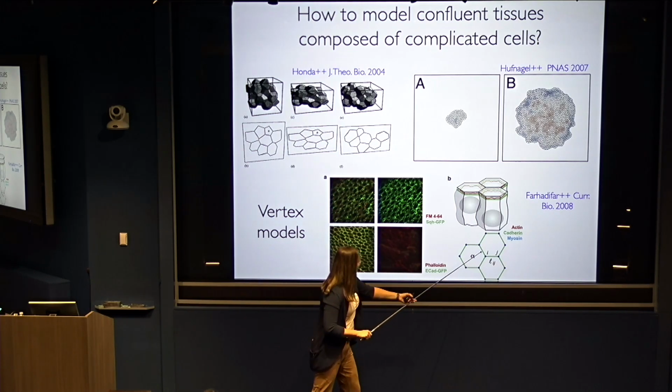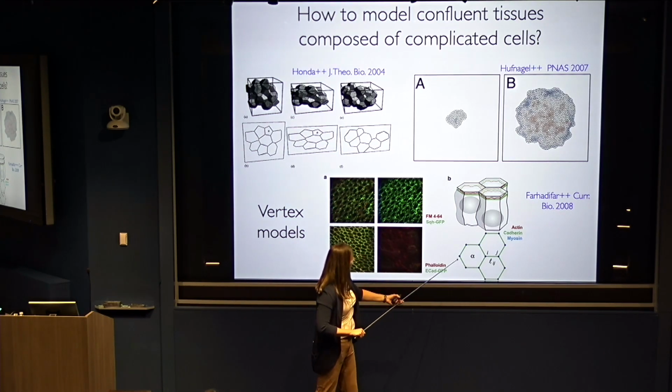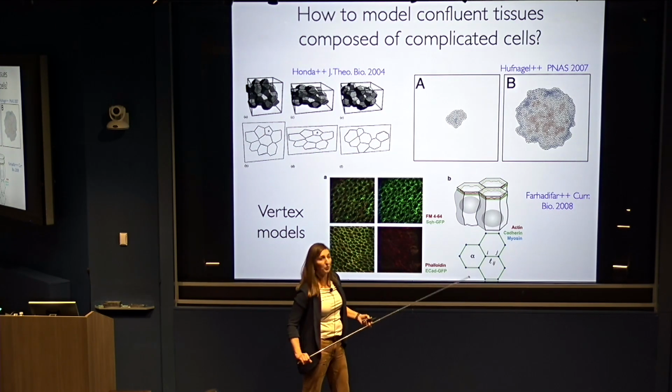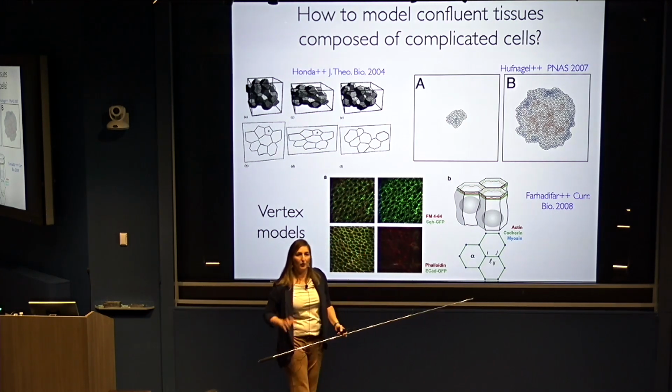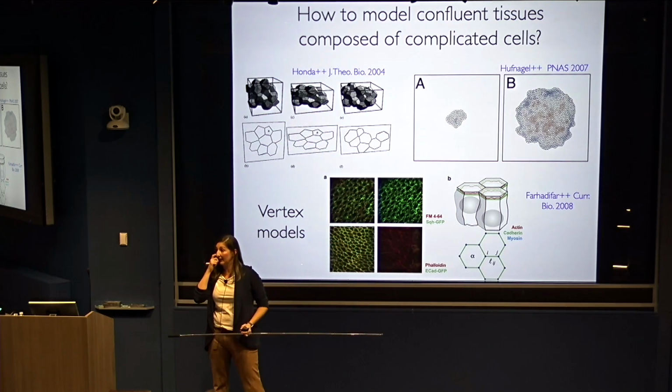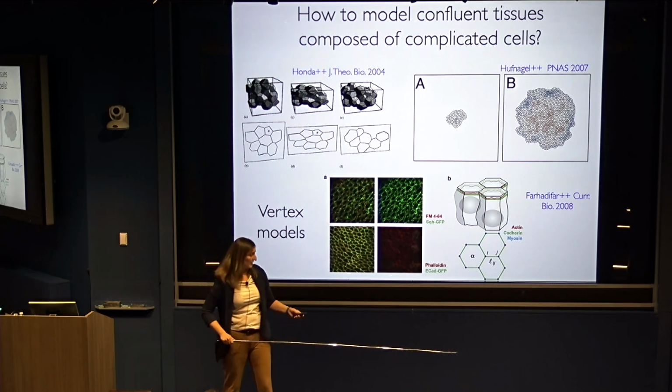I basically assume that the energy of one of these cells, or the mechanical work that's required to have a cell of a given shape, is related to its surface area, its volume, its perimeter. Those things that describe the polyhedra or the polygons in the tissue.